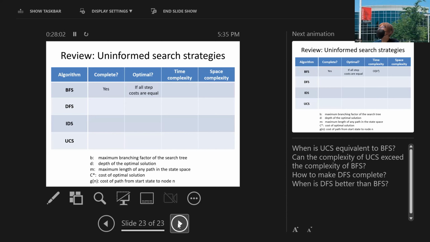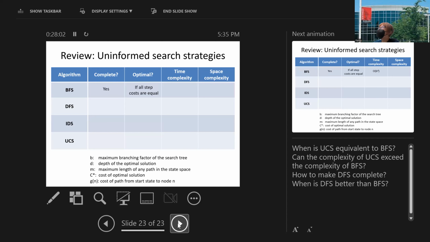And depth first, is it complete? No, it will not always. And is it optimal? No. Time complexity is b to the m, where m is the maximum path length. And the space is linear, it's b times m.